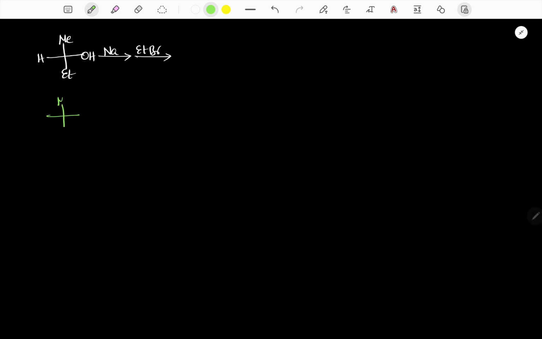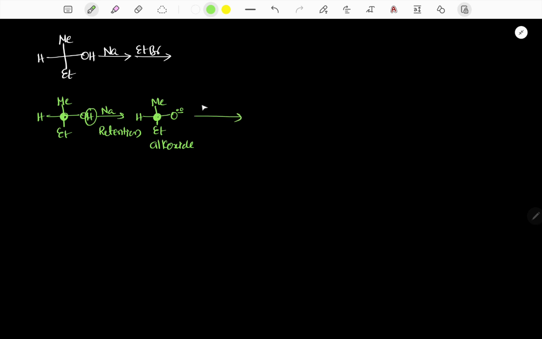Alcohol treated with sodium. When an alcohol is treated with sodium metal, it loses a proton in the form of H2. Now it is an alkoxide. Now if I observe the stereochemistry of the chiral center, it is observed that there is retention in configuration, stereo not changed.